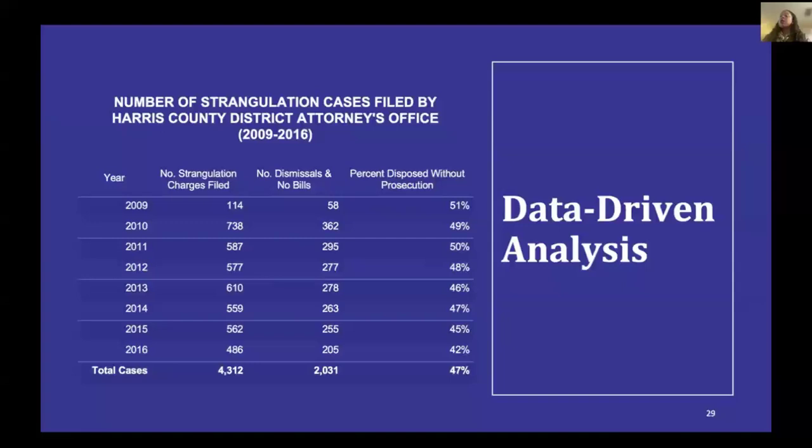So almost 50% of those cases were disposed without prosecution. Given that we have such a high homicide rate, I began to think, what could we do to change that? Is there a culturally sensitive solution so we can deal with these cases and get these survivors the support they need? After all, the law was passed. So how can we enforce the law? Next slide.